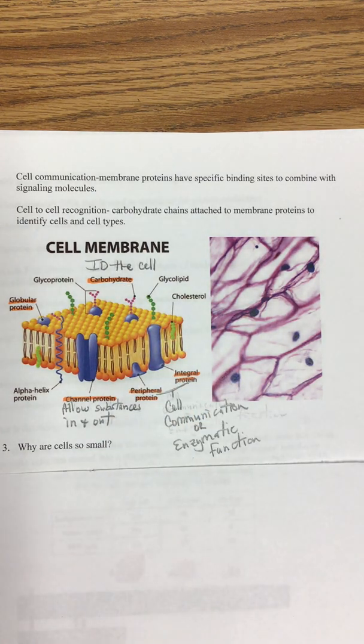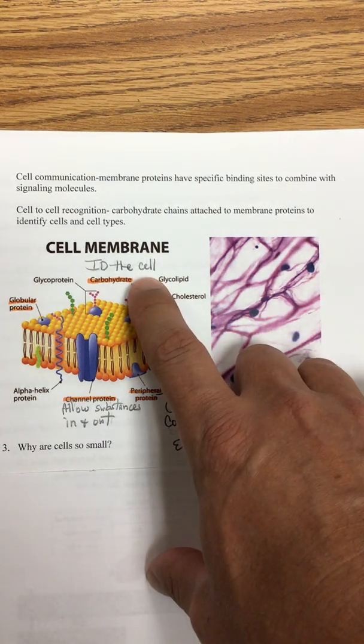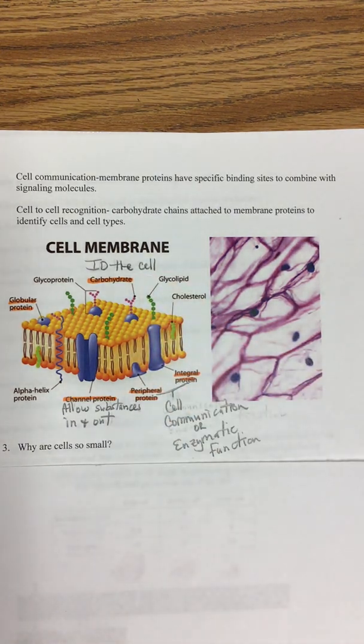If you are doing a heart transplant and you don't have a human heart, scientists are working right now on being able to genetically modify the pig heart so the carbohydrate chain doesn't identify it as a pig heart, it identifies it as a human heart. So as far as organ donation and transplants, that's something that's being worked on.